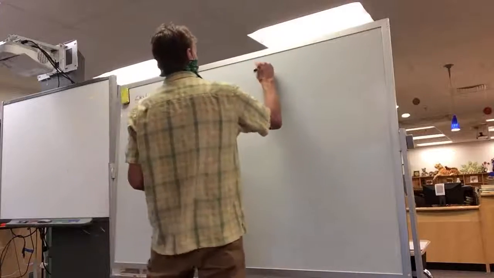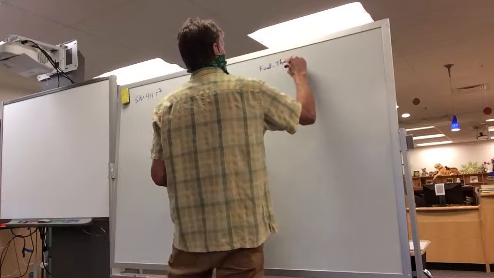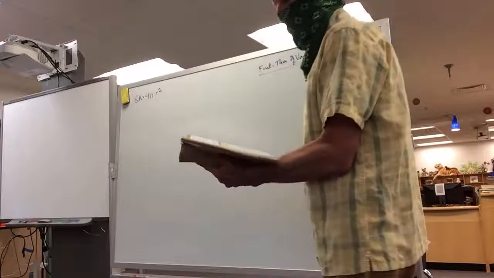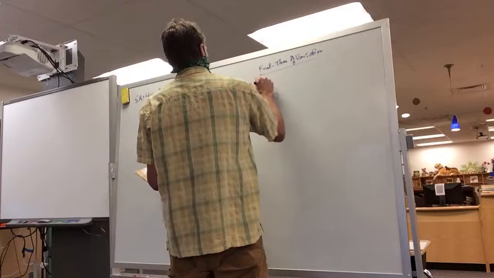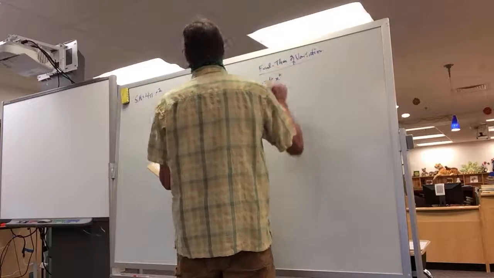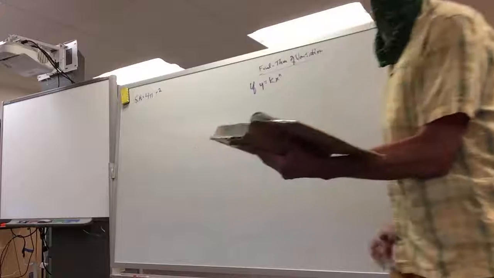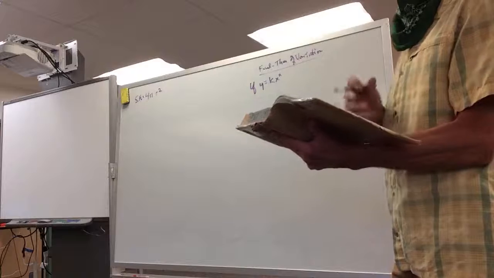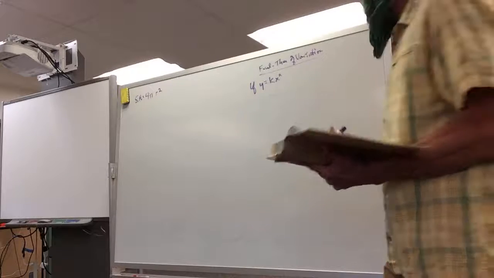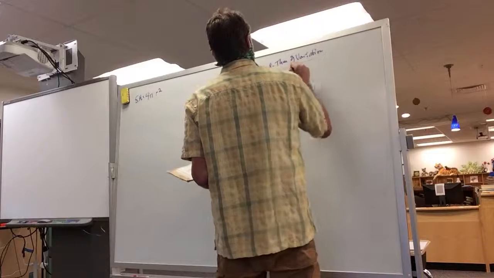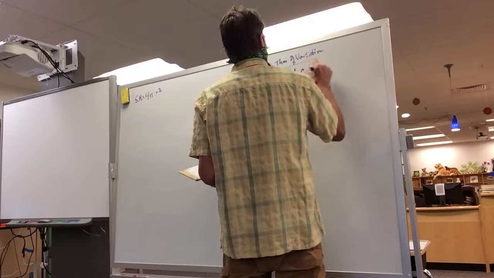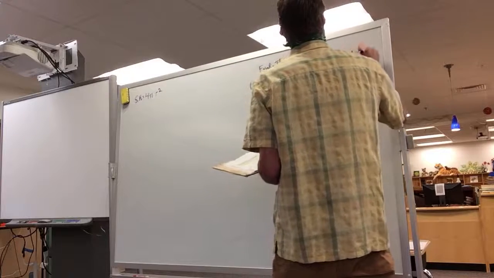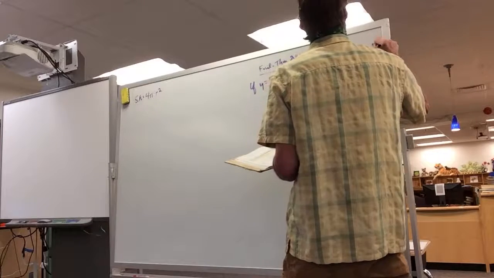We can write the whole thing word for word, but I'm not going to. I think you need to come up with ways to shorten some of this stuff. So it says, if y is equal to kx to the nth, then y varies directly as x to the nth. The next important part is, if x is multiplied by c, then y is multiplied by c to the n. So if c times x, we write it like this: y is equal to k(cx) to the nth power.